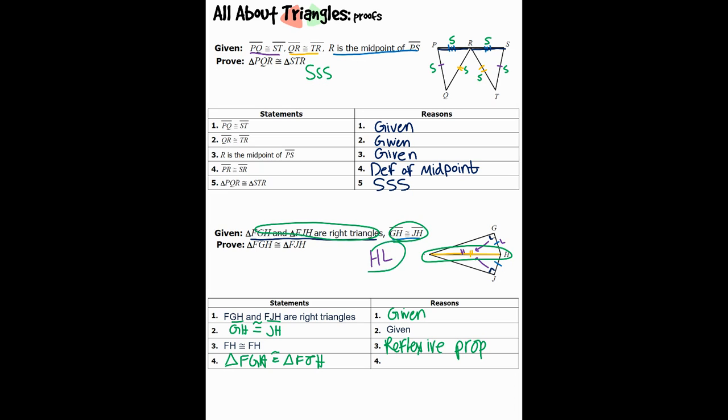And what theorem did we say it was? HL. So with these proofs, the best thing is to label your picture with everything given and then look at it, because it's going to be exactly like the examples that you've already done on paper, just given the triangles, and just put into words why you're able to say that they're congruent.